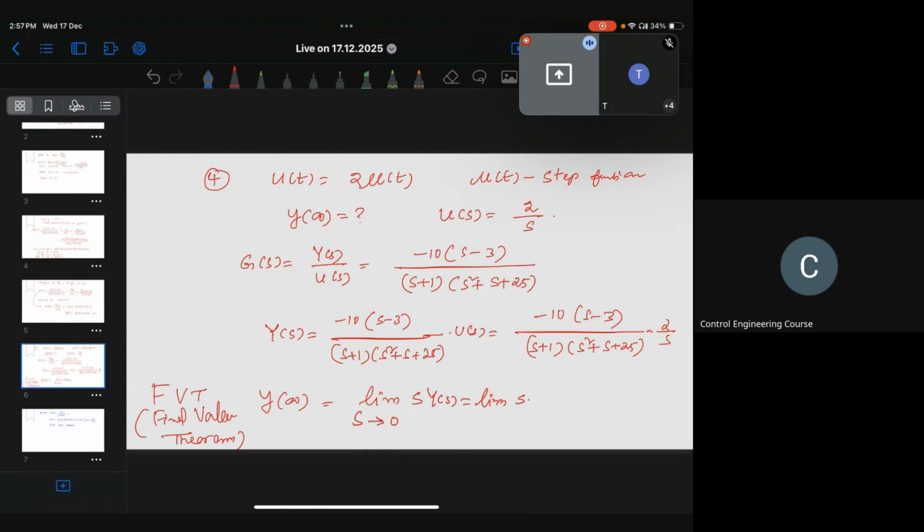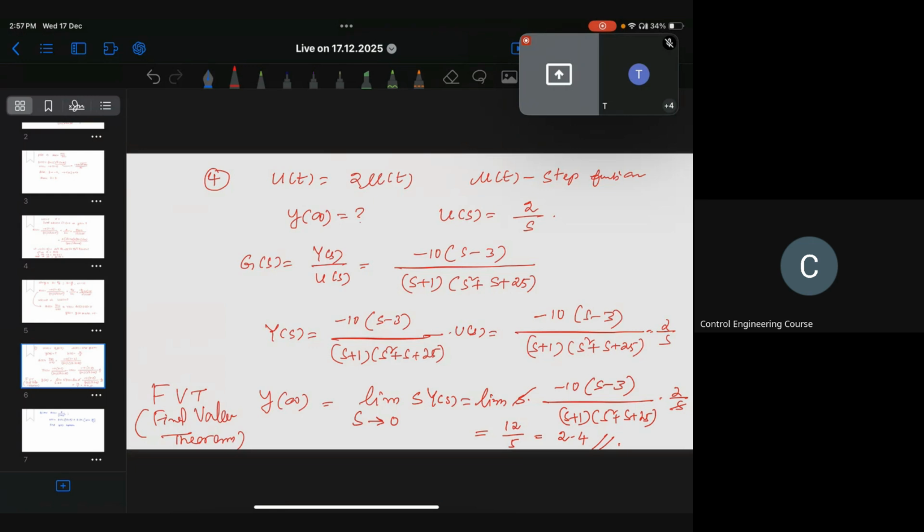That is s multiplied by (-10s - 3) divided by (s + 1)(s² + s + 25) multiplied by 2 by s. This s and this s get cancelled. As s tends to 0, you will get 12 by 5, which is equivalent to 2.4. That is the final value of the system.